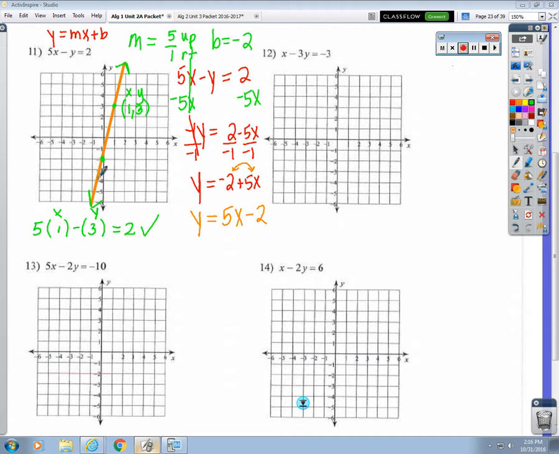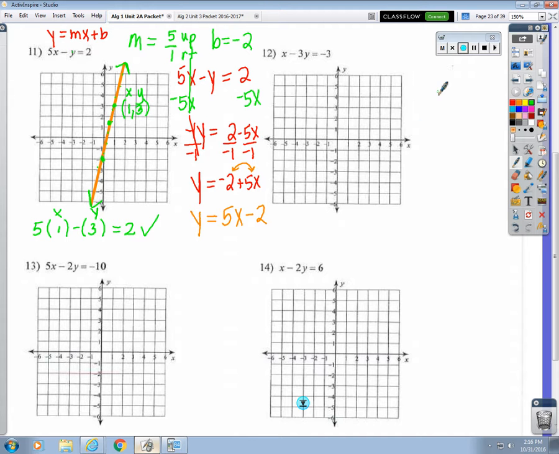Every single part of this line for infinity, when you plug in its coordinates, its x and y values, here and here, it will make it equal 2. Does that make sense to everybody? Now, some of them are easier to plug in than others, okay, because obviously trying to find the point right here is not going to be very easy, is it? It's going to be like 0.5, 1.5, but we don't even know that for sure. But it would work, okay?